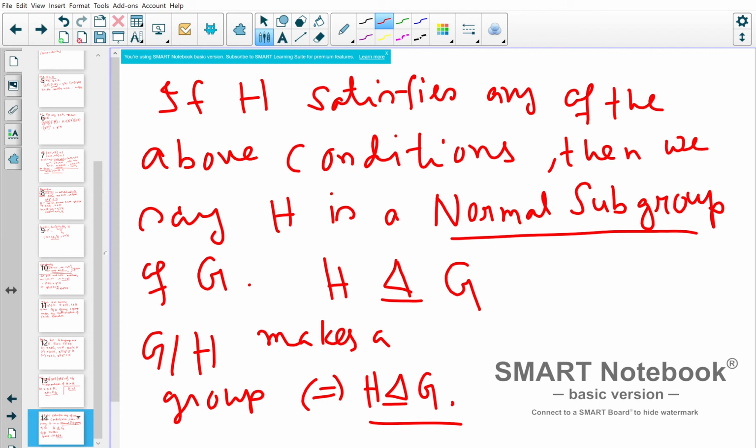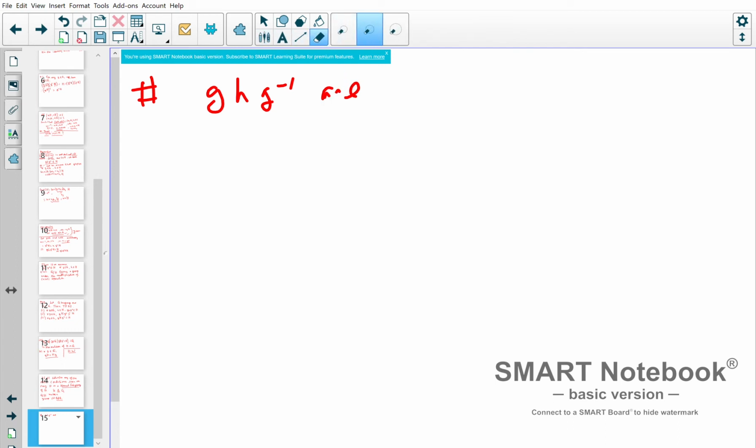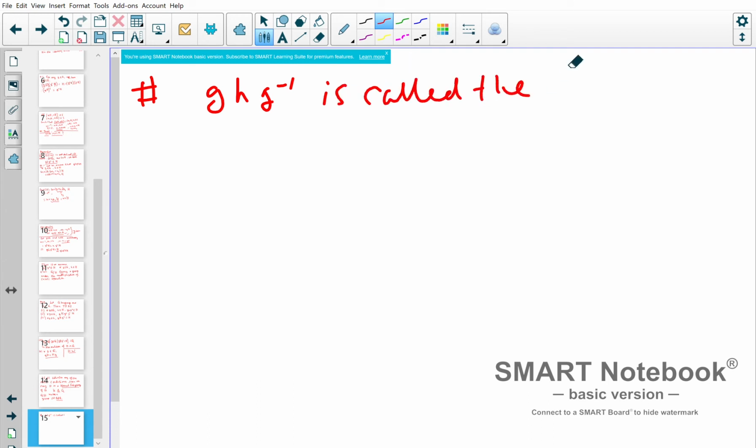Okay, and also you can define something here. Remember these elements, g h g inverse. This is called the conjugate of H by g.